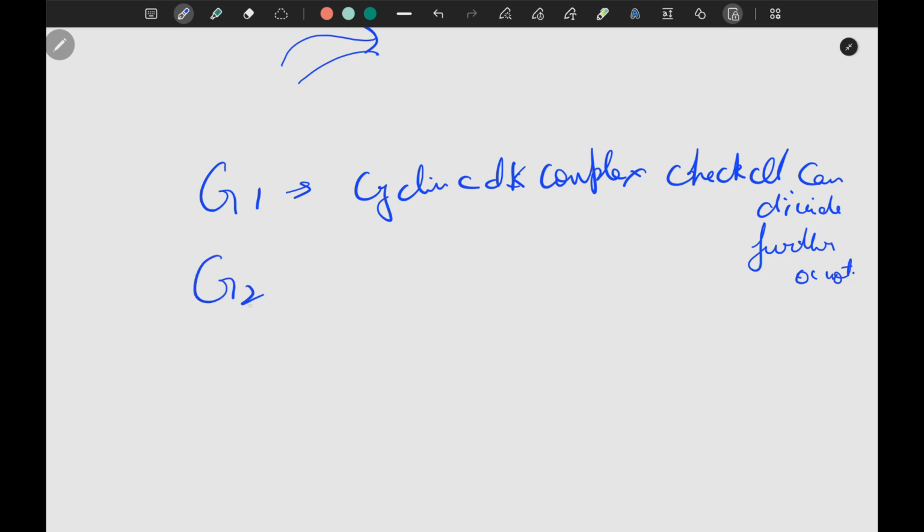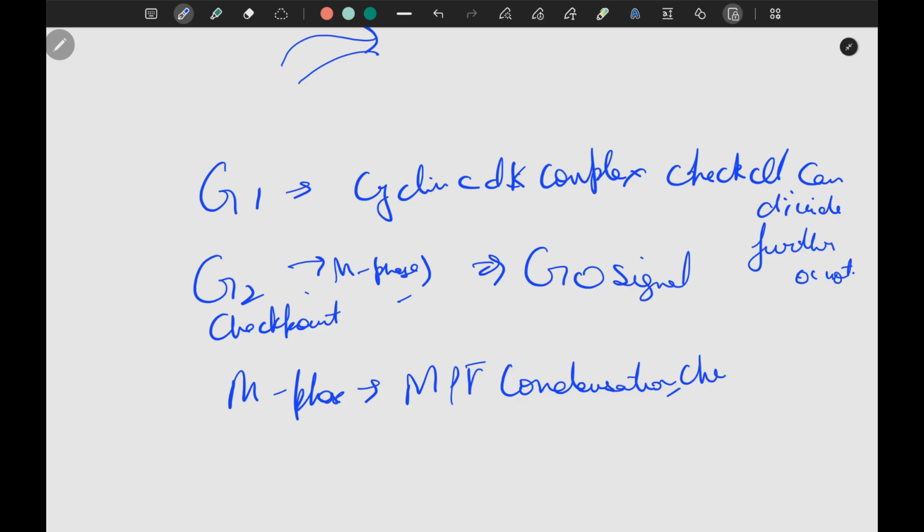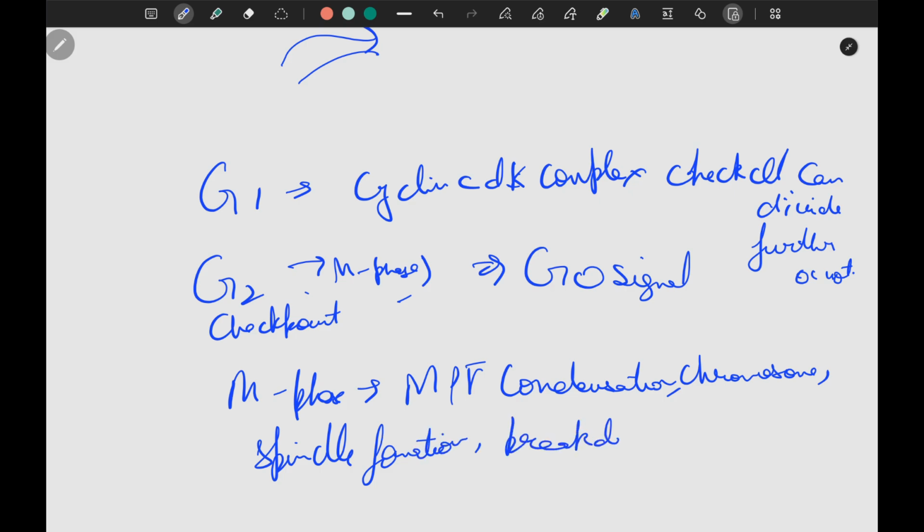At the G2 checkpoint, which transitions to M phase, MPF gives the final go signal. At M phase, MPF starts chromosome condensation, spindle formation and breakdown of the nuclear envelope.